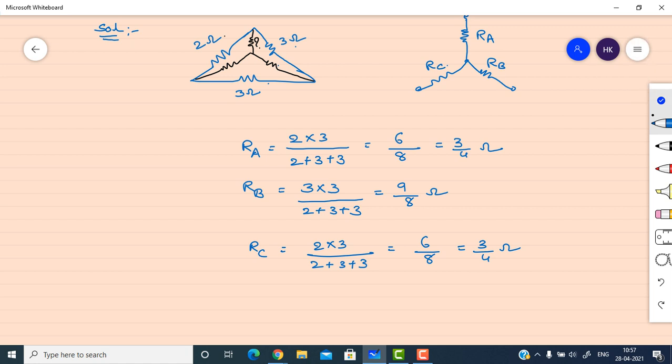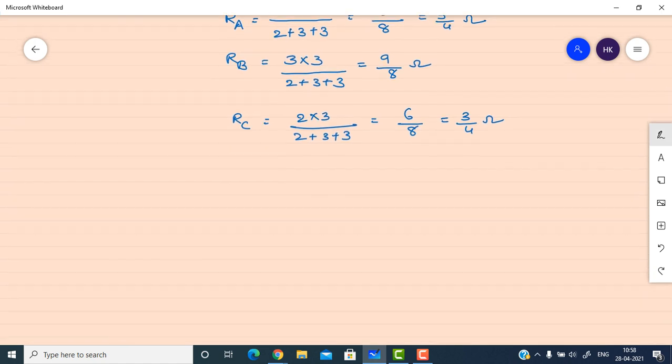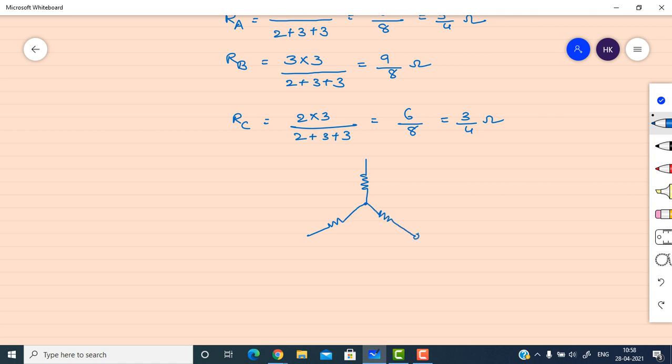So now we got the equivalent star network. We converted the delta into star. Draw that star network and assign the values for each resistor: RA is 3 by 4, RB is 9 by 8, and RC is 3 by 4. So this is the answer.